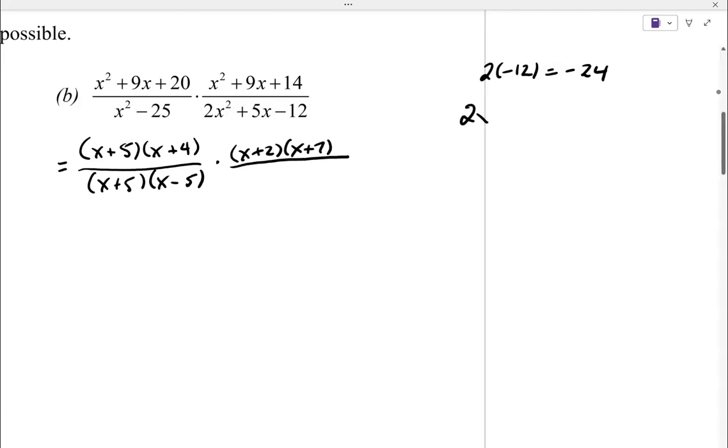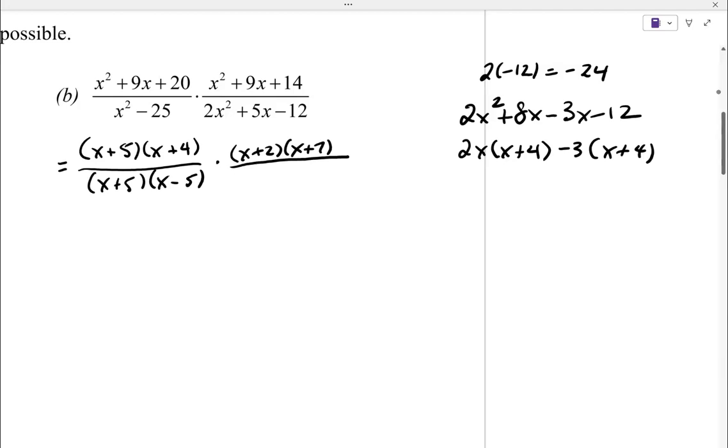So we have 2x squared plus 8x minus 3x minus 12. Out of the first two terms, we can factor out a 2x. It leaves us with x plus 4. What can we factor out of the second two terms? Negative 3, and that leaves you with x plus 4.